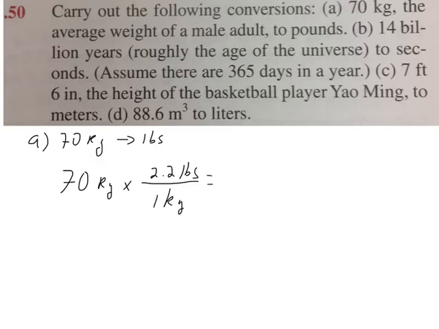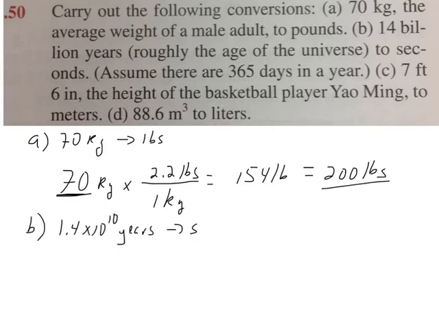And when I do the math here, I end up with 154 pounds. But that is misleading because we only have one sig fig in our number there. So that's actually kind of stinky. This becomes 200 pounds, following the rules of sig figs.